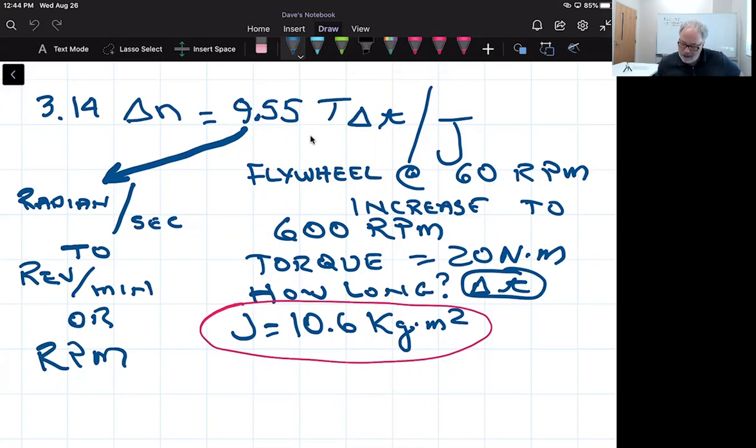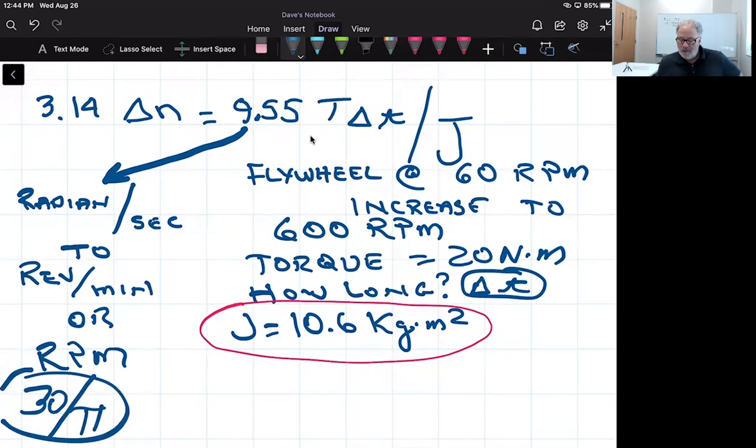We don't have to derive it, but I think some of you are probably wondering where it comes from. Really, it's a constant because we're working in SI units, where we would normally be dealing with radians per second.